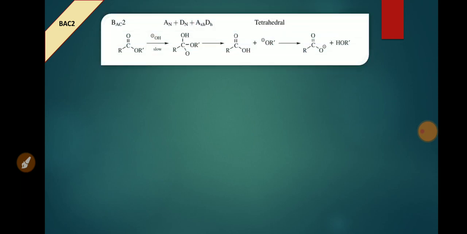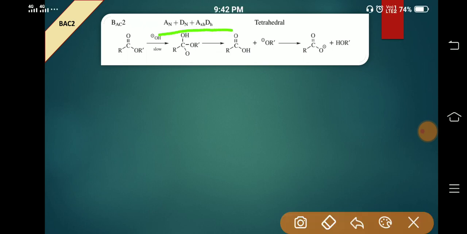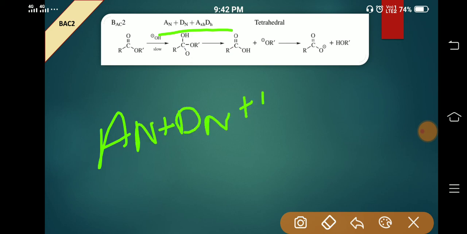So, the other mechanism we are going to study is BAC2, base catalyzed acyl cleavage bimolecular, having IUPAC nomenclature AN, DN plus AXH, DH.